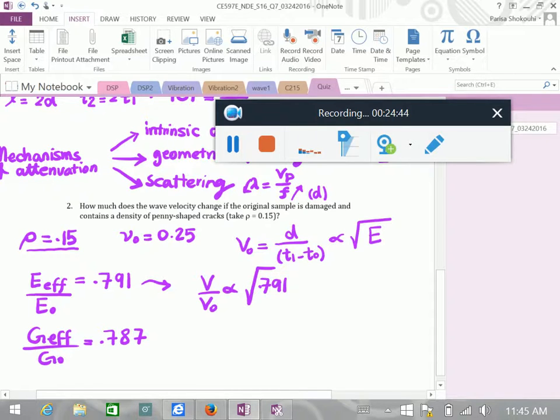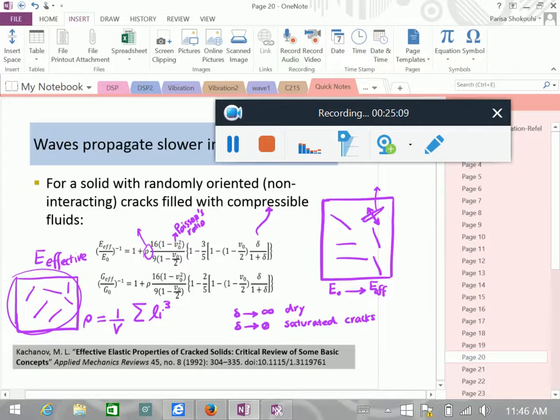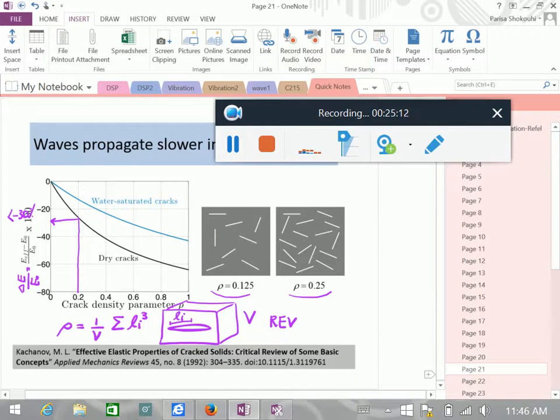So what would be the square root of this? It's 0.89. Because we have both E and G, you can even see how Poisson's ratio has changed, so you can be as accurate as you want. So if you have a population of cracks which is not negligible, remember I showed you that even a smaller number, 0.125, is not negligible.